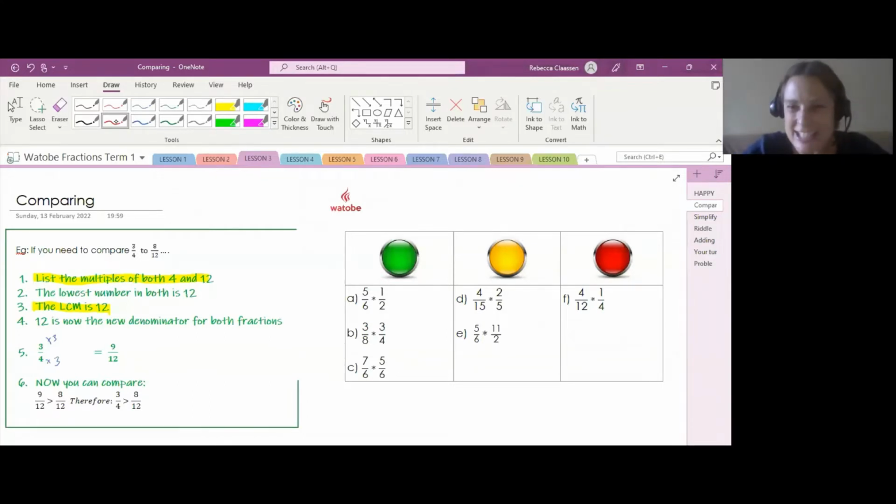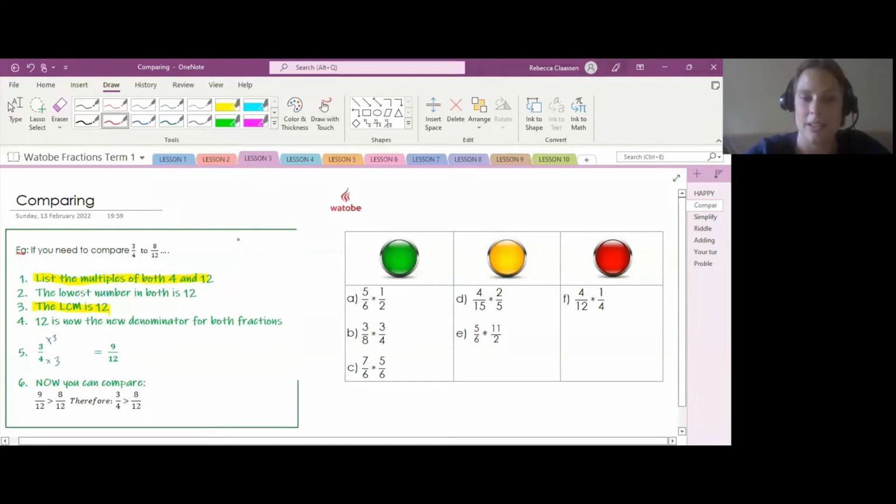Okay, so Sancha, if we have to list the multiples of 6 and 2, can you list the multiples of 6 for me? Just the first 3. Okay, so remember, the multiples are the times table answers for the 6 times table.